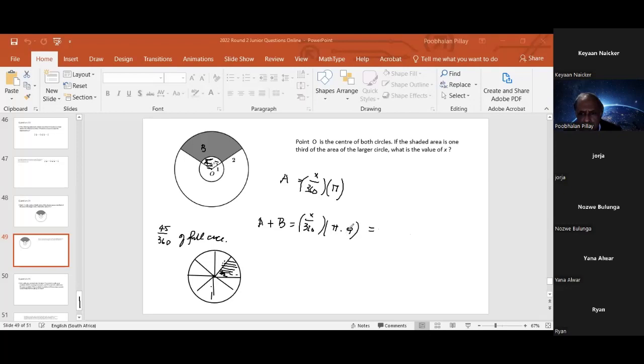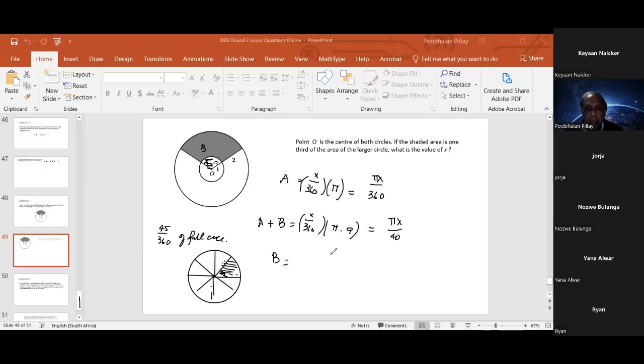If you simplify this, 9 goes into 360, 40 times. So you have pi x over 40. And here you got pi x over 360. That's your A. So we got what A is, and we got what B is. So therefore, we can calculate B.